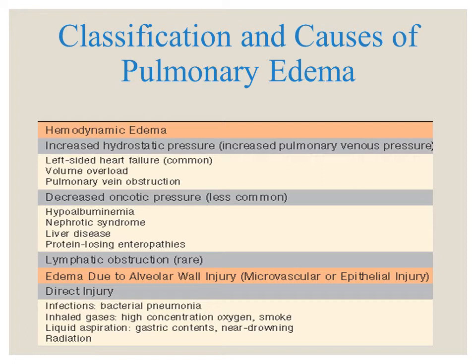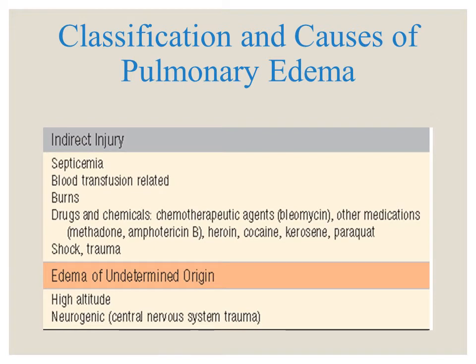So the causes could either be infections, inhaled gases, liquid aspiration, radiation, then indirect injury, which could be due to septicemia, blood transfusions, burns, then certain drugs and chemicals like certain chemotherapeutic agents and certain medicines that lead to indirect injury to the alveolar pneumocytes, then shock and trauma, and then the edema of undetermined origin, high altitude and neurogenic or CNS trauma.